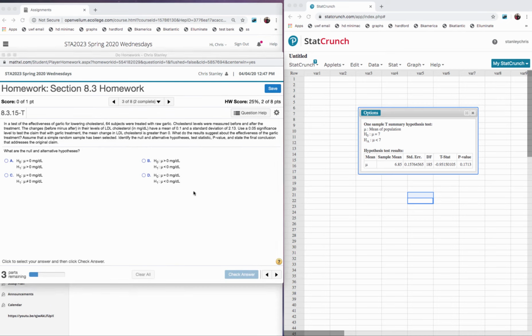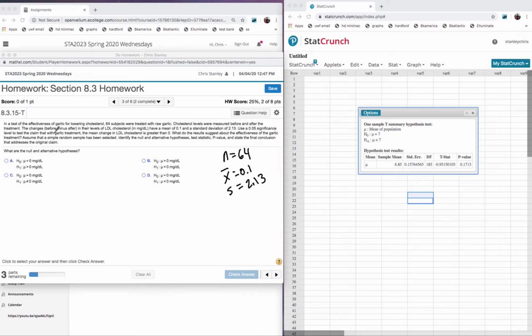The first one was a little tricky. Okay, and the test effect of lowering garlic. So they got 64 subjects. They measured the cholesterols before and after. And the mean was 0.1, and the standard deviation was 2.13.